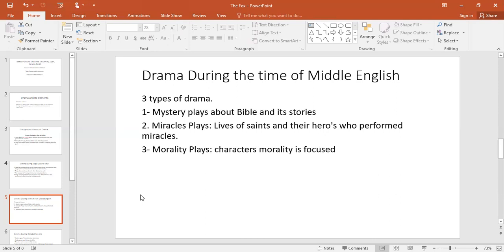If someone does not have morality, that person is not a human being at all. More importantly, if a society does not follow morality, then that would be the end of the society. If the nation is not following morality, then that would be the end of the nation as well. So morality was the central idea in those dramas, and it was considered the most important segment in society.